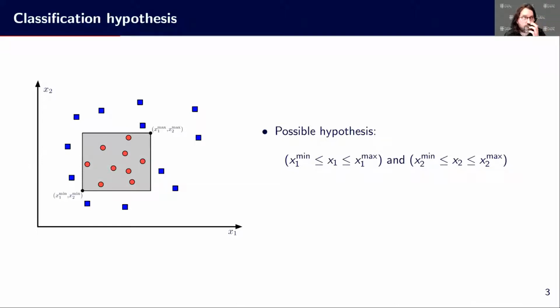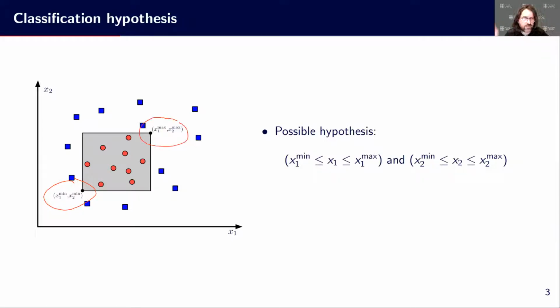So from that, we will define some classification hypothesis. Let's say that we are using a box model. This is not a common model, but for the sake of example, let's use that. It's convenient in terms of representing our model. So we are defining our hypothesis, our model, as a box, and this is parameterized according to the lower left corner, which is the x1 min, x2 min parameters, and we also have the top right corner, which is x1 max, x2 max.